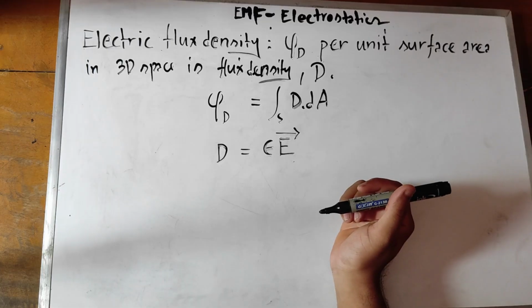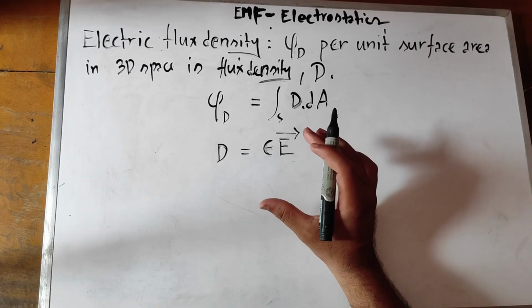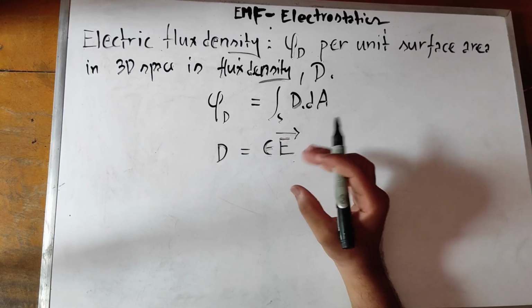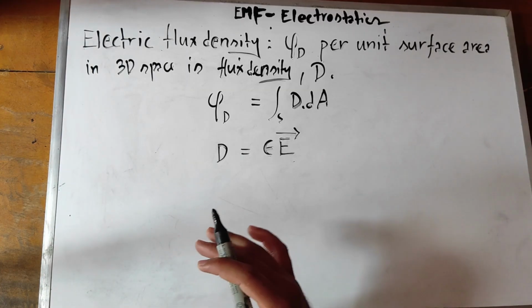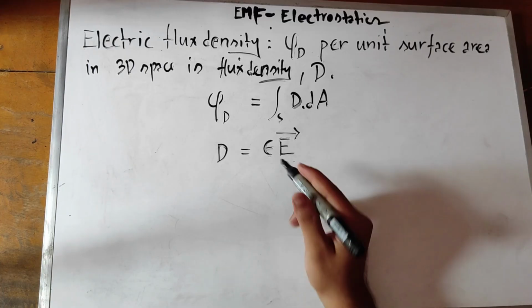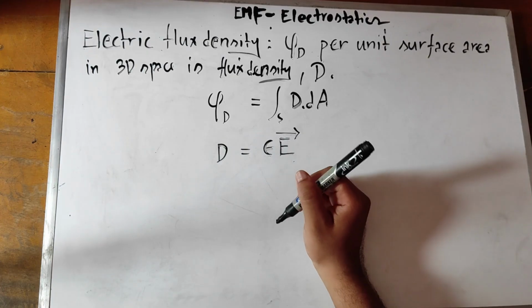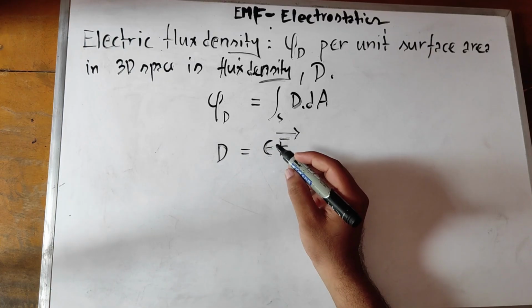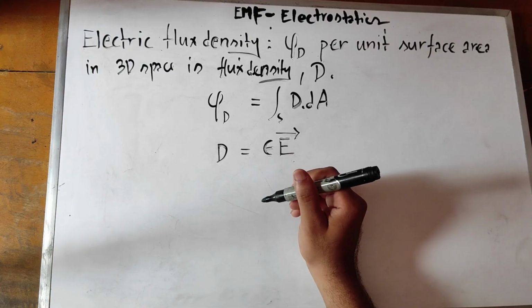A vacuum is mediumless. When the electric field interacts with a medium or material, it is a force field, so it has flux. Its flux is affected by the material parameter, which is measured using this term epsilon, the electric permittivity. So electric permittivity is very important.